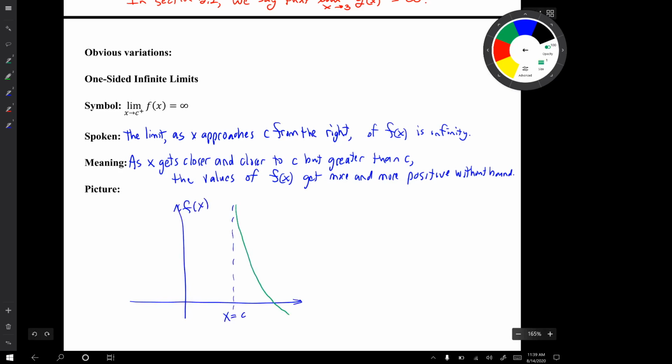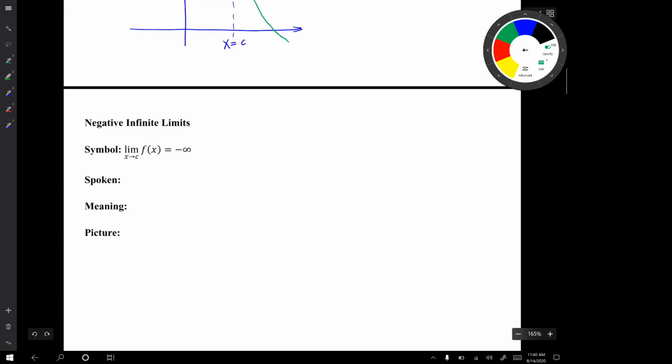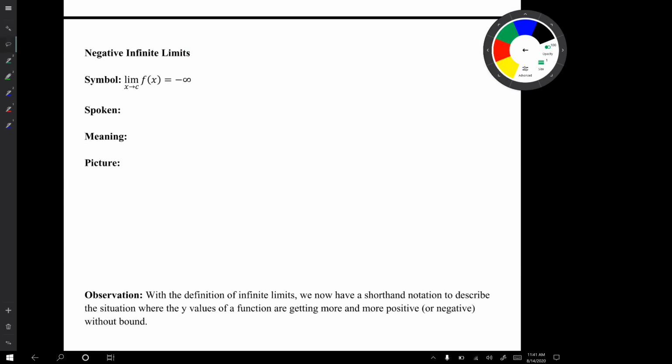So in other words, this symbol tells us we have a vertical asymptote, but it only tells us what's going on the right side of that asymptote. Another fairly obvious generalization of the idea of infinite limit is the following. This symbol here is spoken, the limit as x approaches c of f of x is negative infinity.